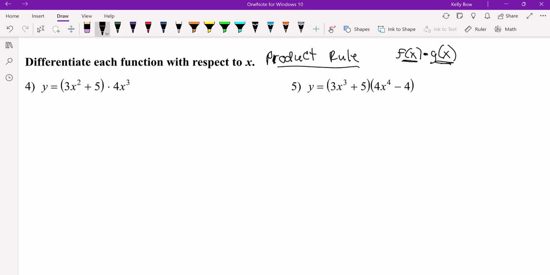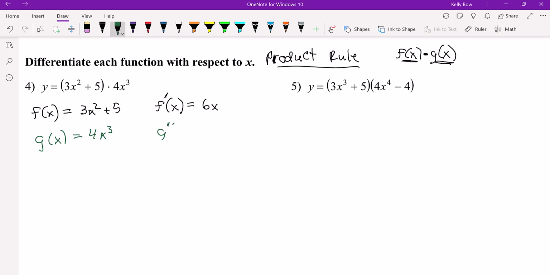But the idea is, the f function is 3x squared plus 5. So the derivative of the f function is 6x. Now, the g function is 4x cubed, and man, I'm leaving off the derivative notation.